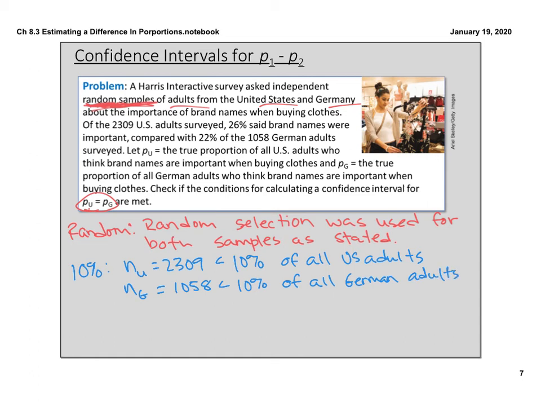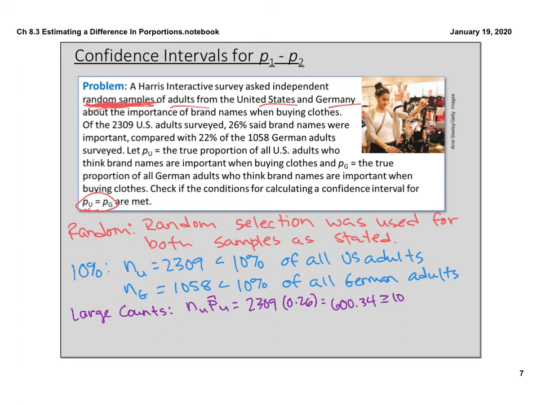Next, large counts. Here we go. This is the one where we got to do this 4 times. Large counts. So I need n_U times p hat U, which is 2,309 times 0.26, which is roughly 600.34, which is greater than or equal to 10.